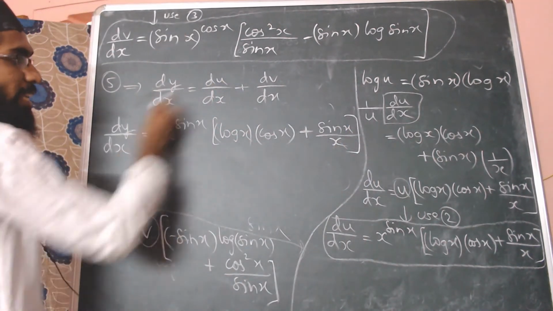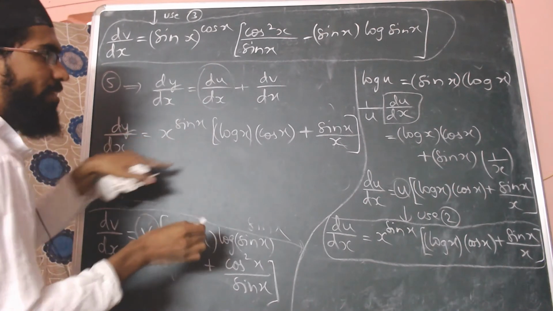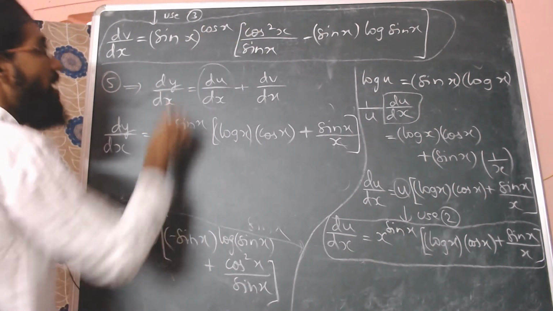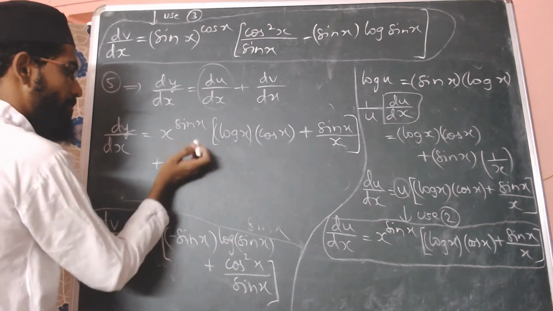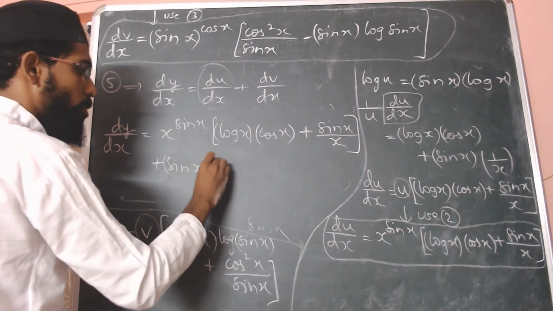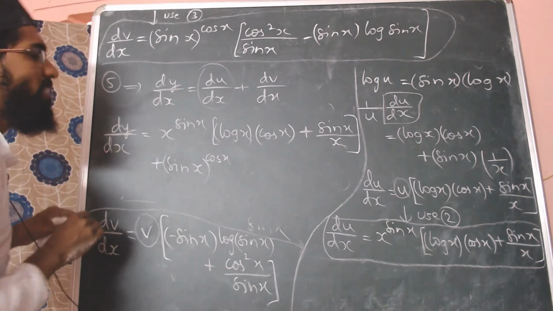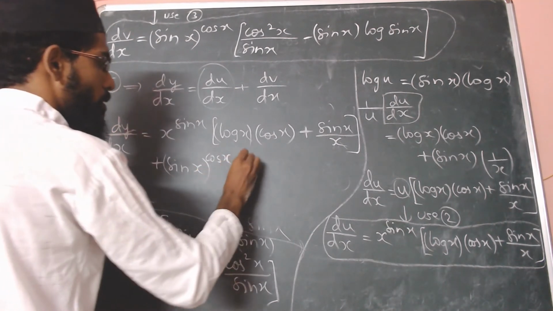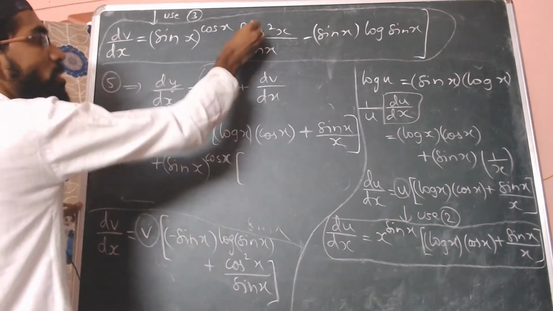This is my du by dx, plus dv by dx. So plus sin x power cos x into cos square x by sin x.